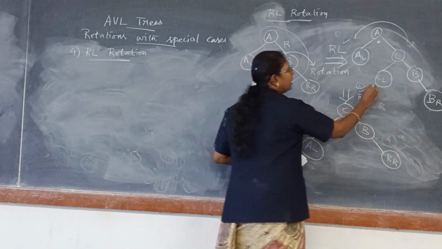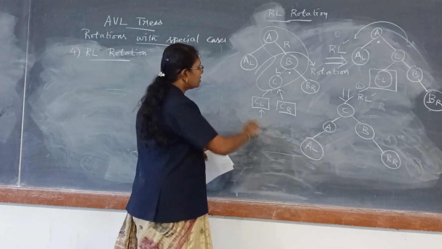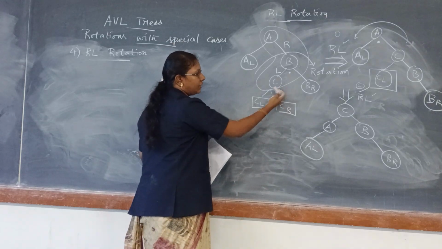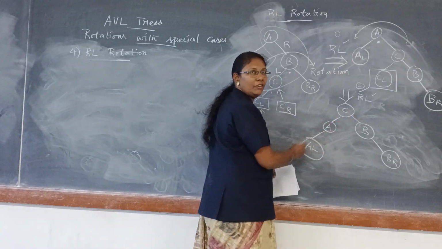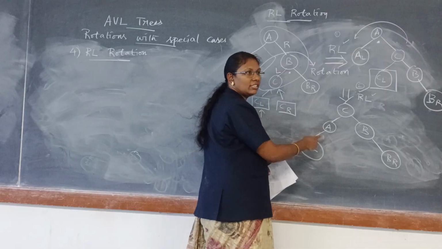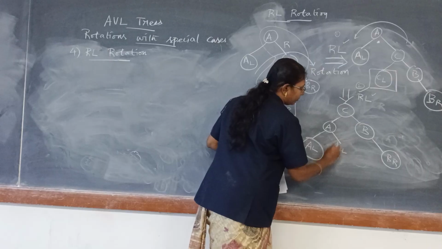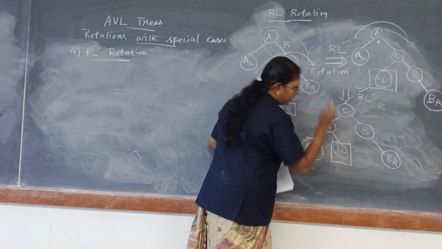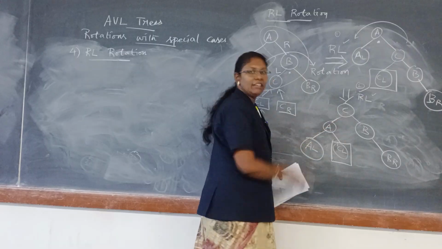Now what will be the position for CL? CL is the left child of C, so it must come towards the left subtree only. The immediate left position is not vacant, so I am assigning this CL as the child of A. Still CL is the child of C only.